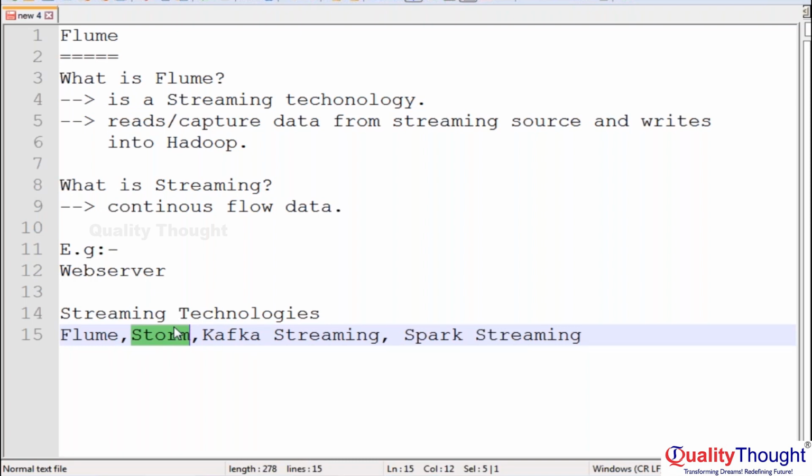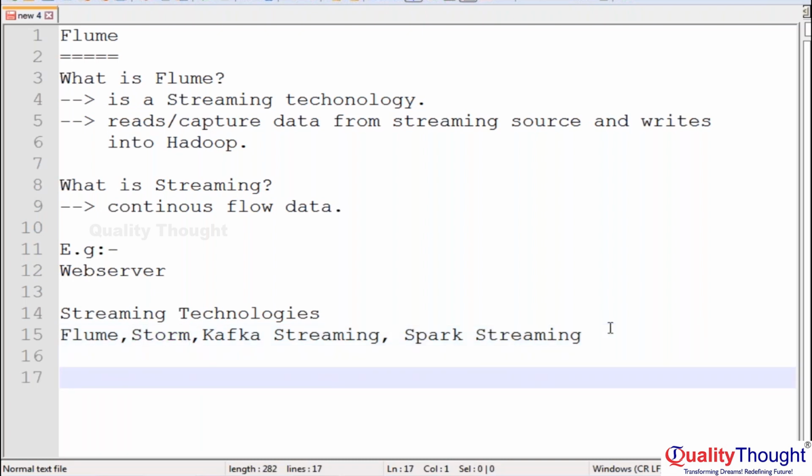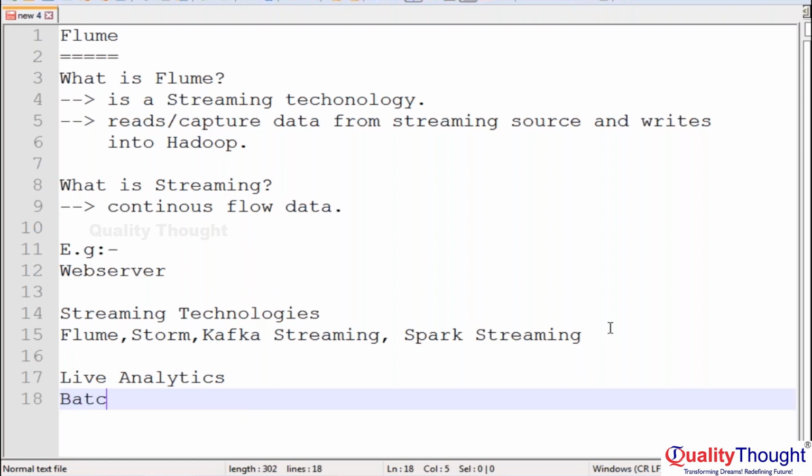Live analytics. See, in some places we need live analytics. In some places we need batch analytics. We have live analytics and batch analytics. So when do we implement live analytics, and when do we implement batch analytics?